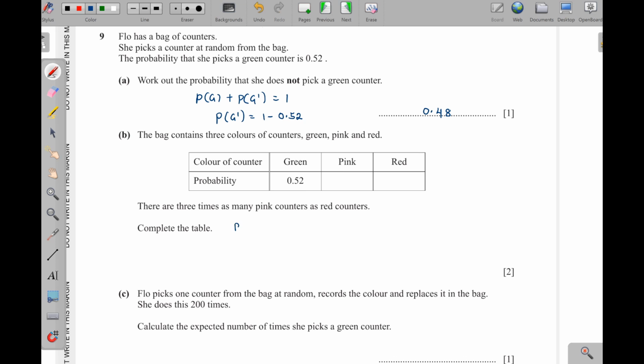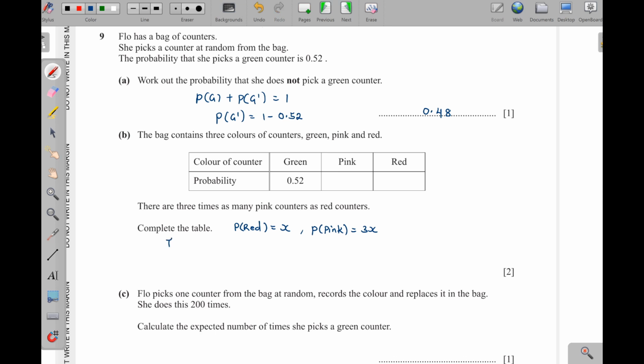If the probability of picking red is x, then the probability of picking pink shall be equal to 3x, okay? There are 3 times as many pink counters as red. So that means pink counters are 3 times the red counters, okay?